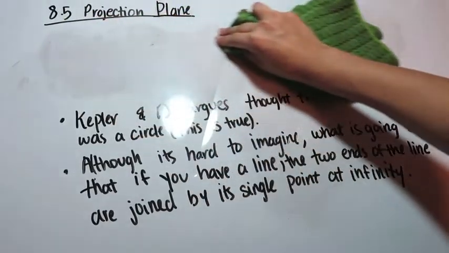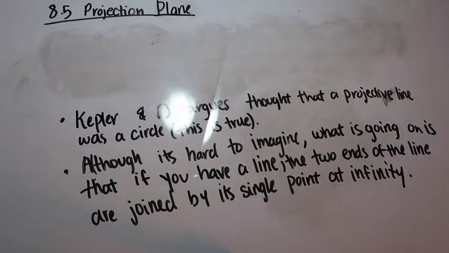It's actually a little harder to see the projection going from a line to a circle. So I did a little research and I realized that it's a little easier to see that the projection of a circle goes to a line. So that's what I'm going to show.